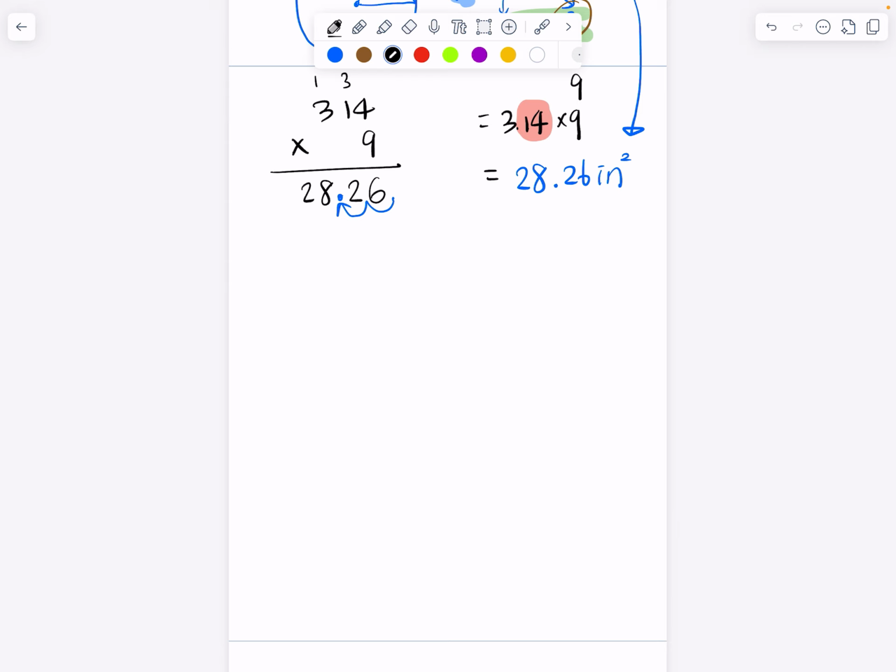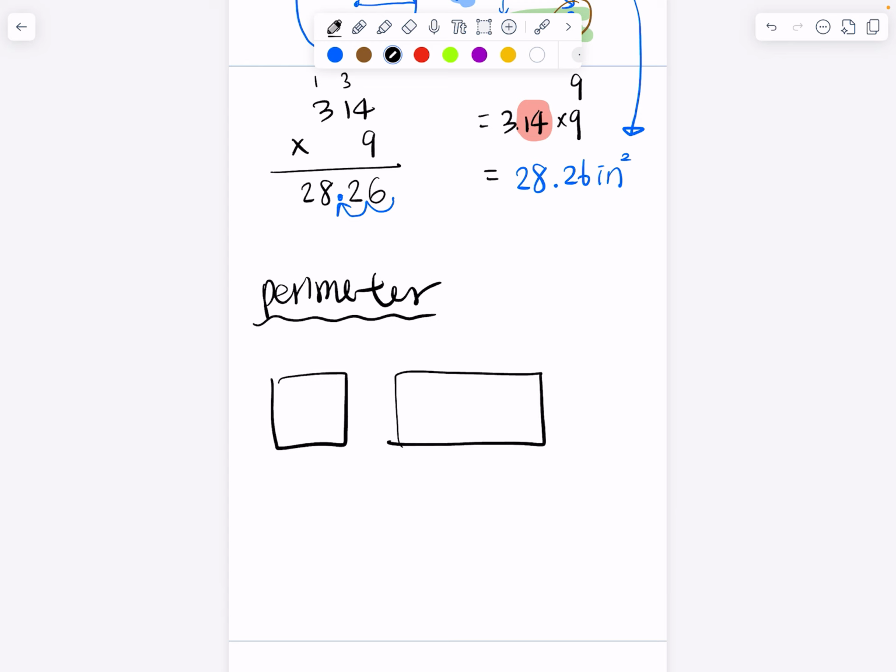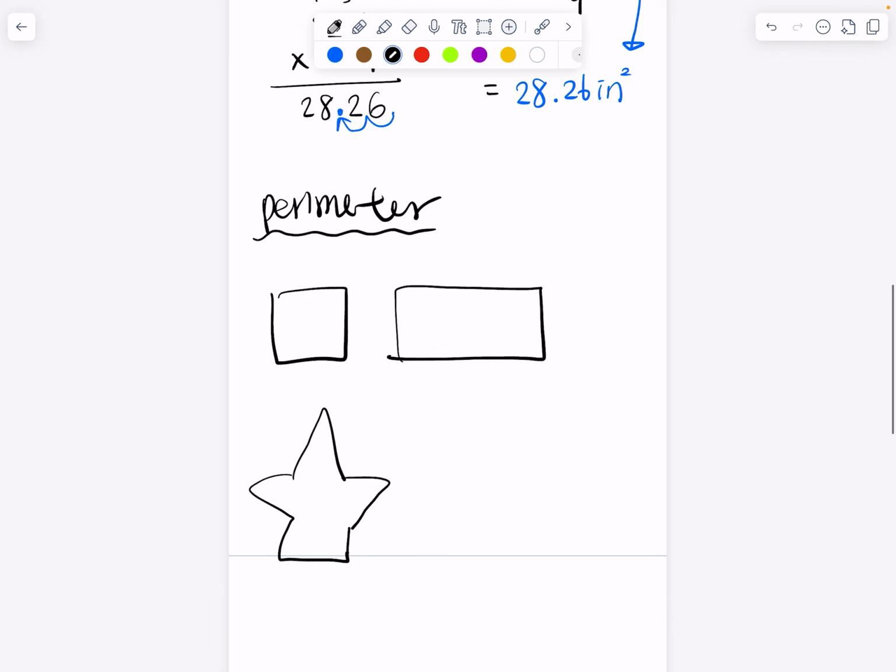Next is perimeter. Say there's a square, a rectangle, a star, any crazy shape. What it means to find the perimeter of a shape is that you just need to add the 1, 2, 3, 4 lengths. Same thing for this rectangle.